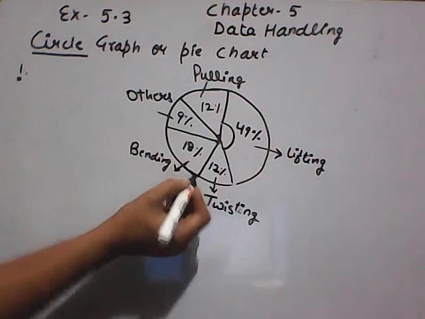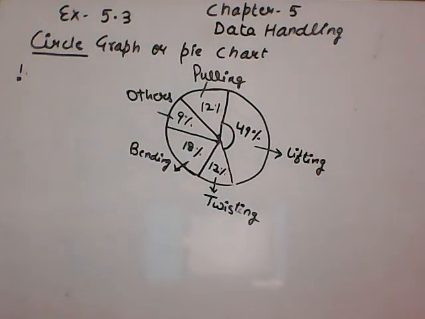suppose this sector, in this pie chart, information is given to you. You have a survey of 600 people who had injured their lower back. You have to study the pie chart and find the number of people who injured their back while either bending or lifting.